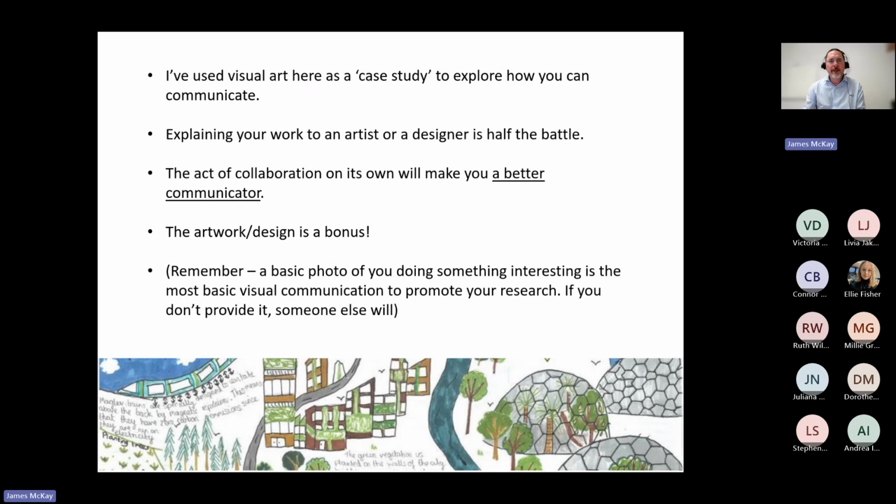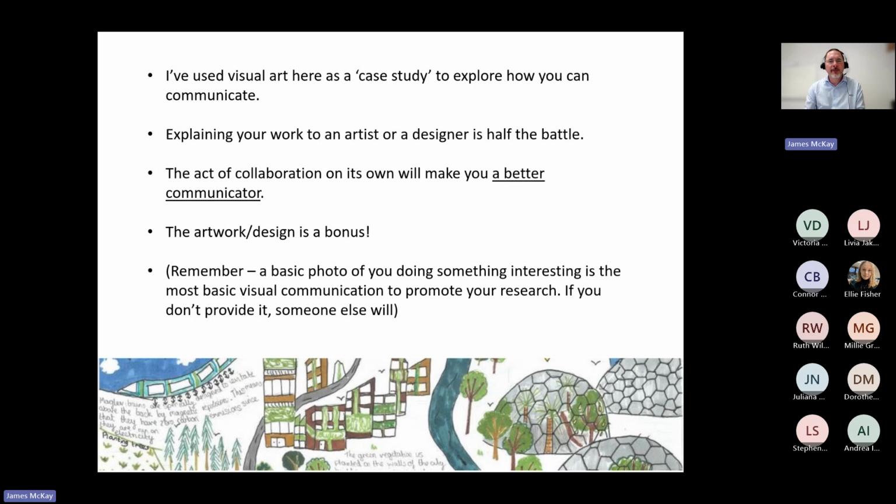And just a little aside is that I'm always trying to promote the work of the PhD students in our own centres for doctoral training, and it's almost impossible to get them to provide a photograph of themselves doing something which we can use to promote them. And so if you don't do that and you don't choose something that people can use, then they'll do it for you. So it might not be something that you're particularly happy with. So just try and think about that.